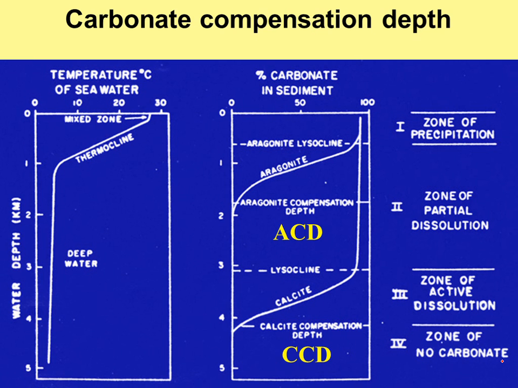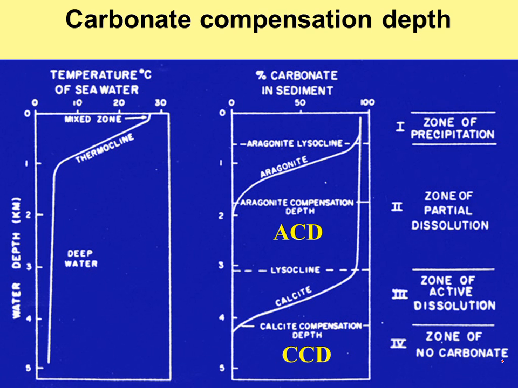And what happens as you go into deeper and deeper waters, because of the higher pressure conditions and the increased concentration of carbon dioxide, it results in a geochemical environment that is not good for the carbonates. And so as you go deeper and deeper, you see the aragonite gets less and less because it starts to dissolve.